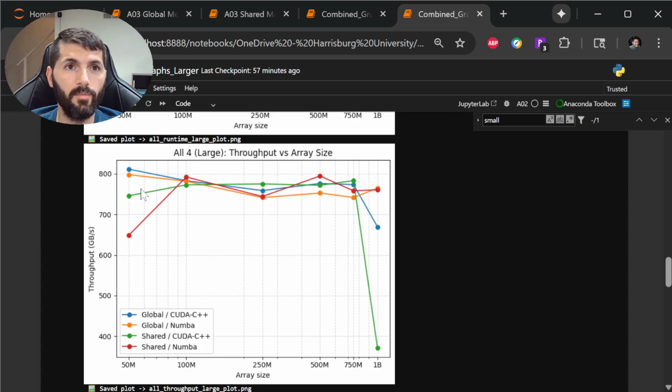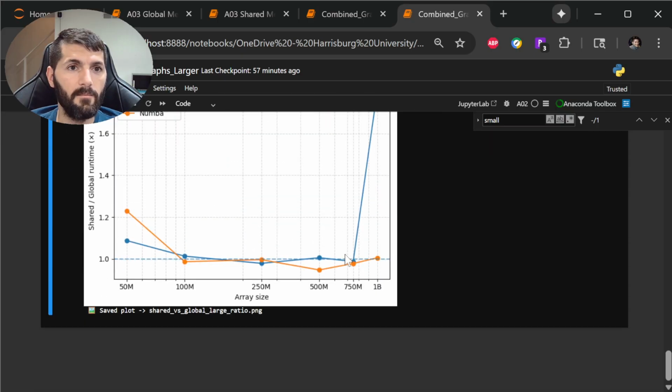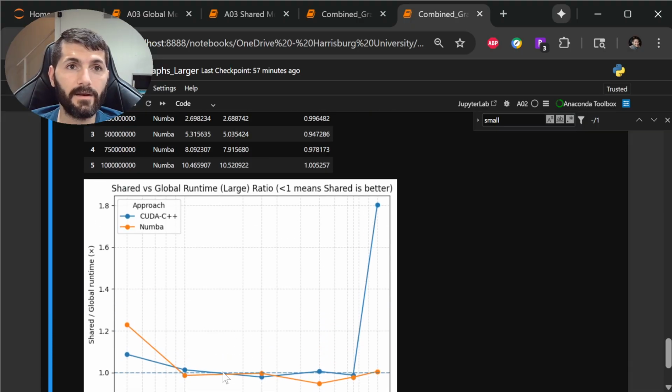And throughput, pretty consistent, again, except for that one. And then comparing the two, really didn't matter at all whether you shared or global until right at the very end, in which case global was much better for over a billion. We'll look more about that in the future, but this is what I've got.